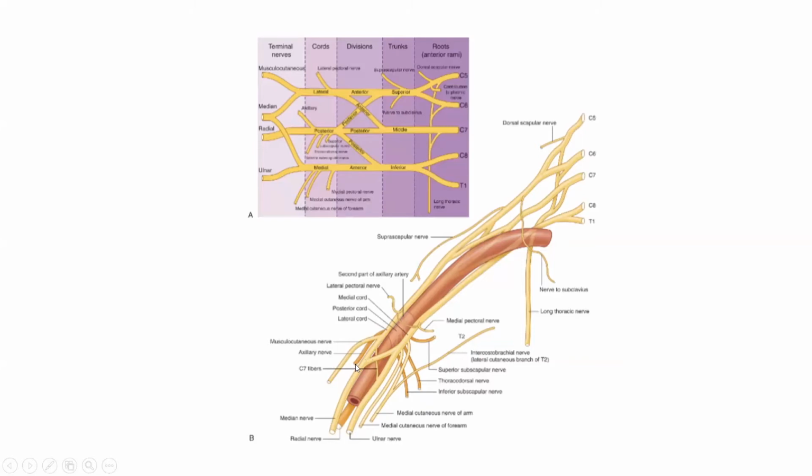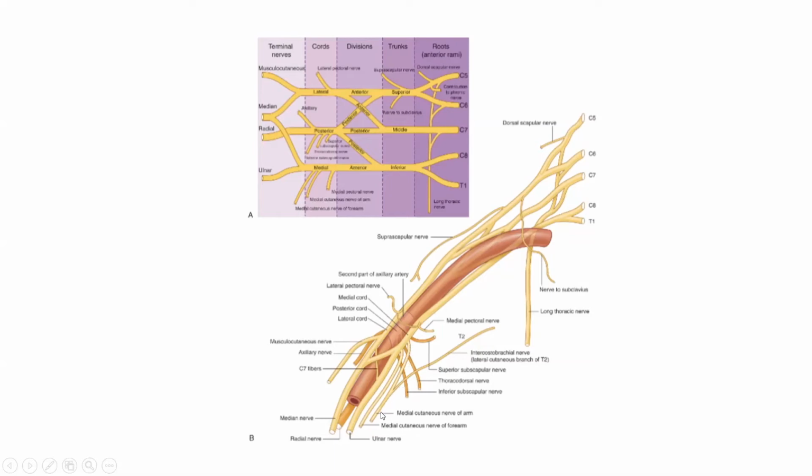The median nerve, as we said, is formed by the union of the medial root from the medial cord and the lateral root from the lateral cord. And the medial cord also gives the ulnar nerve as a continuation of the medial cord. It has two cutaneous nerves also, which arise from the medial cord of the infraclavicular part of the brachial plexus.